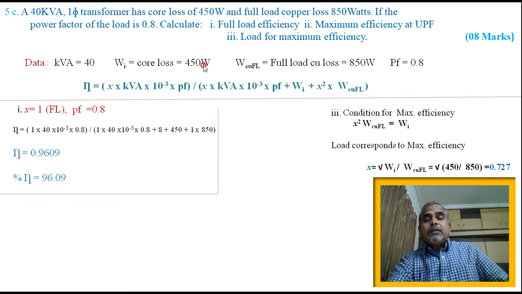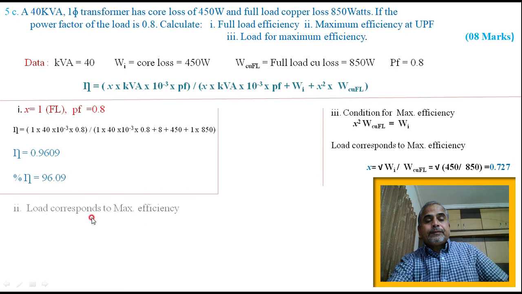Therefore the second point is the maximum efficiency at unity power factor. For calculating the maximum efficiency, what is x now? X is 0.727, because at this particular instant the maximum efficiency will occur. So x is 0.727 and at unity power factor he asks you to calculate the efficiency.